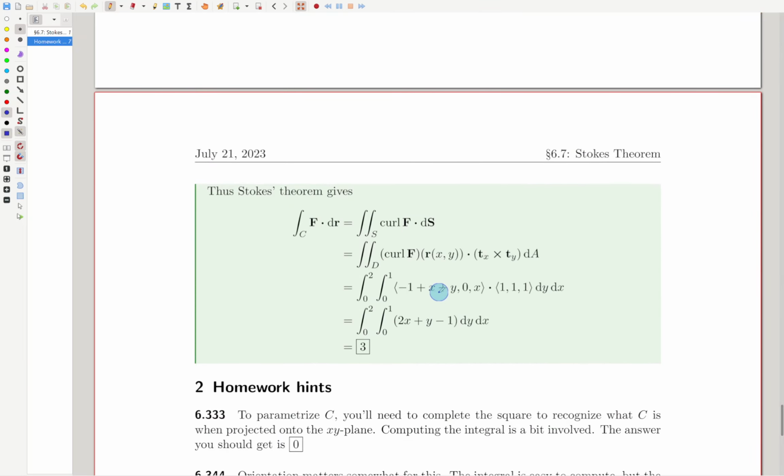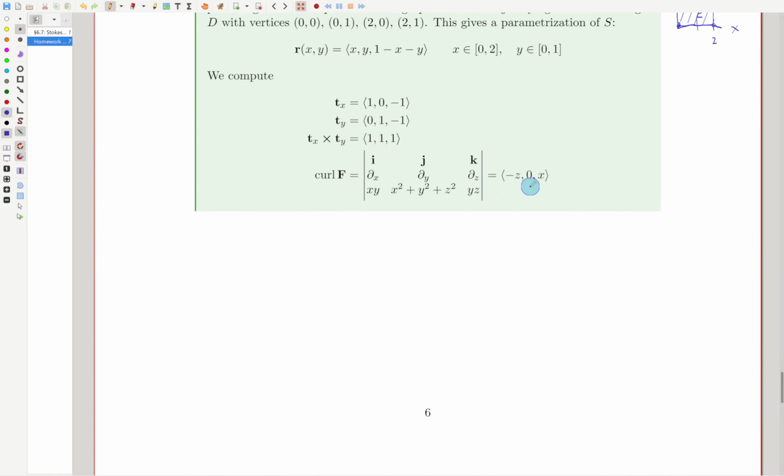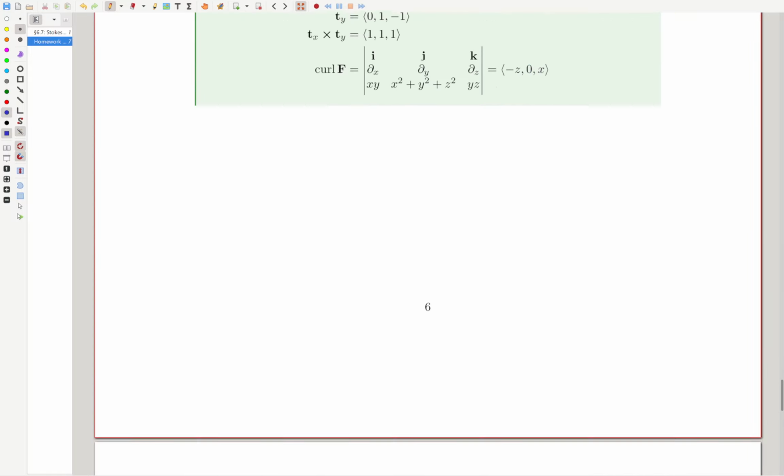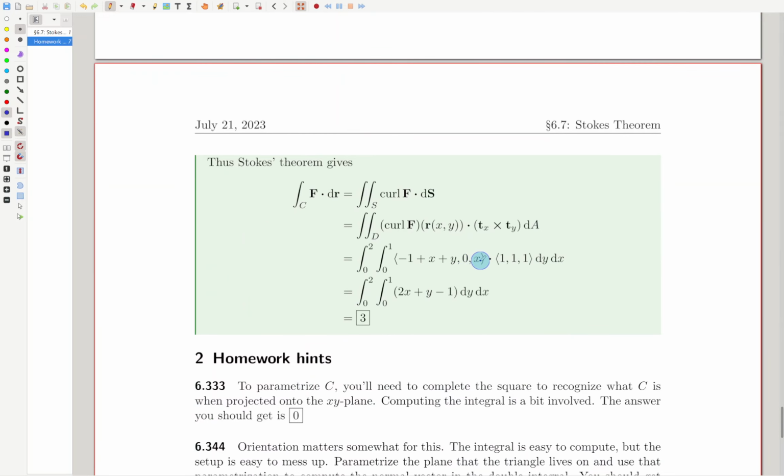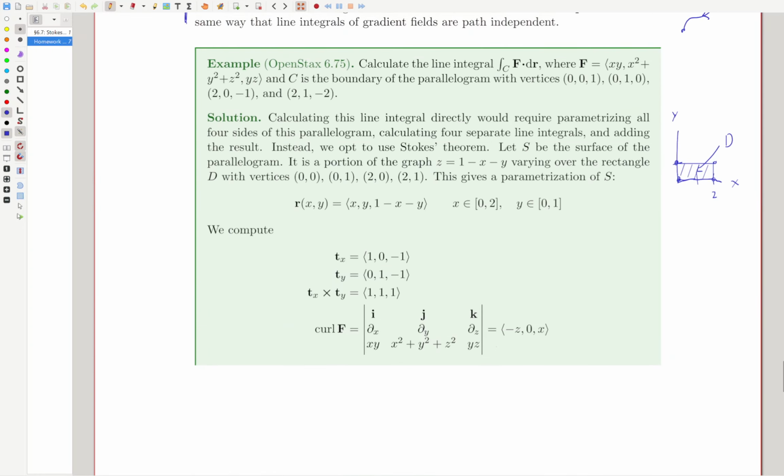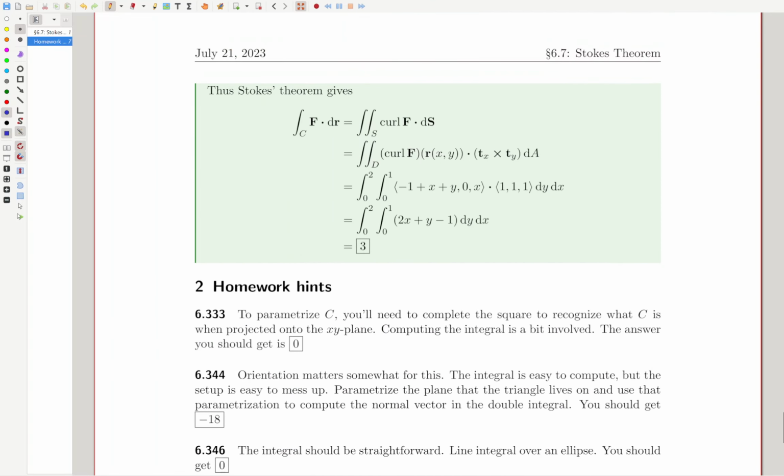And then 0 comma x, x is x, which is right there. Next, t sub x cross t sub y is just copied over. Then take the dot product of these two and integrate that. That should be straightforward. I think everyone can do that.